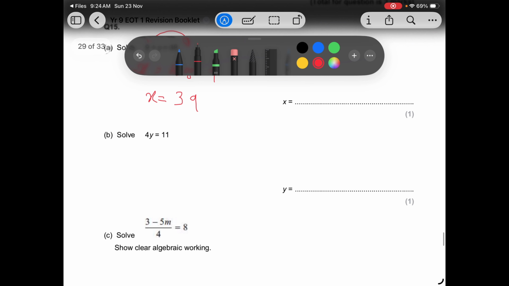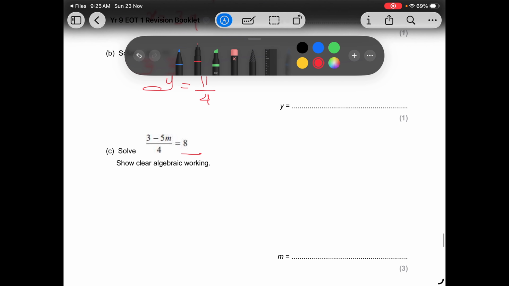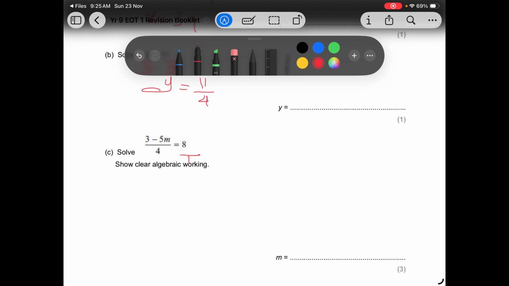Here, guys, you have to divide both sides by 4, and if you divide by 4, y will be 11 over 4. And here, students, what we can do, we can start by cross multiplication. So 1 times this guy, I'll multiply like this, and I will multiply like this, okay?